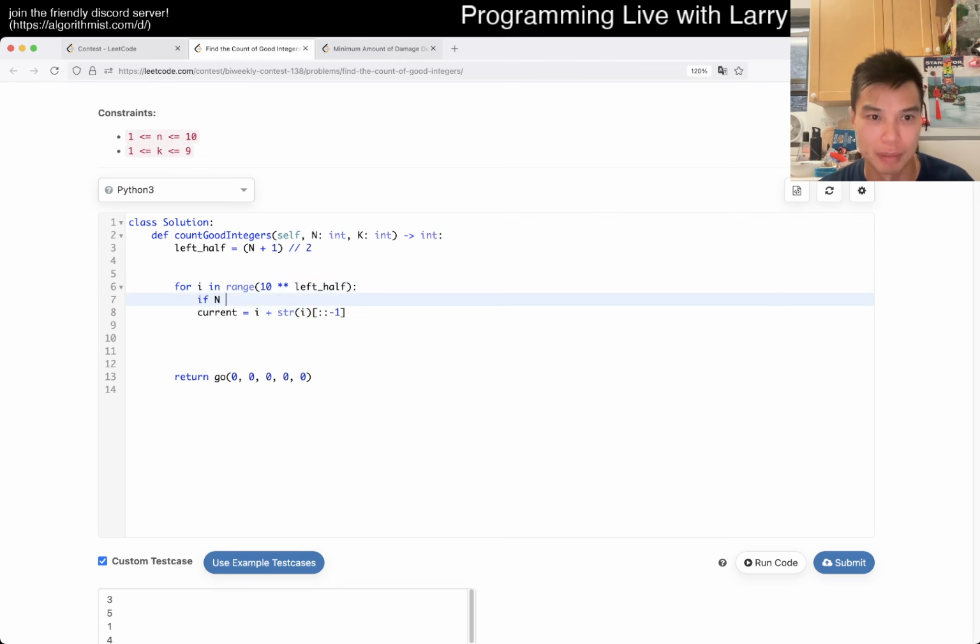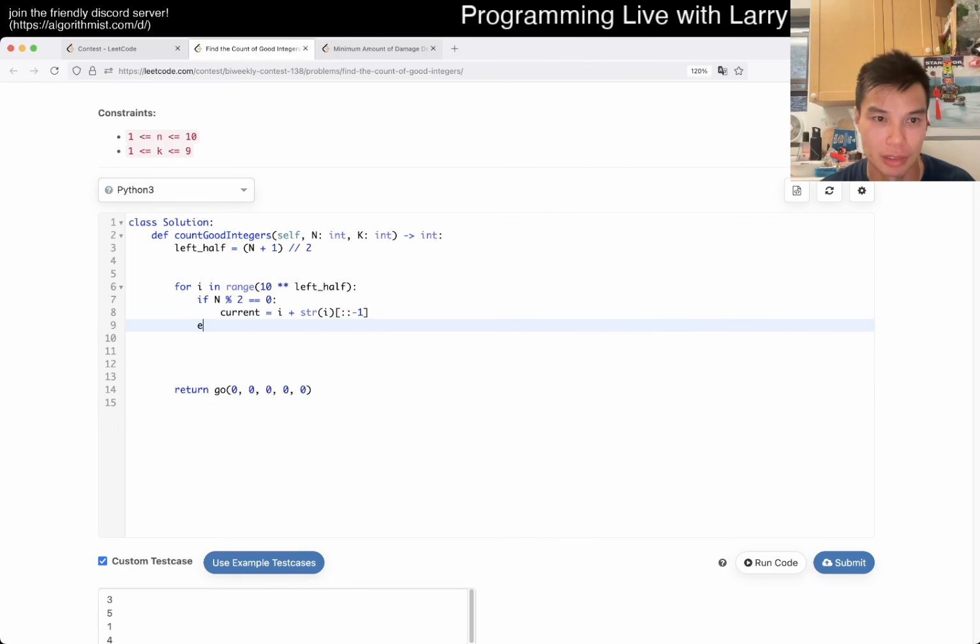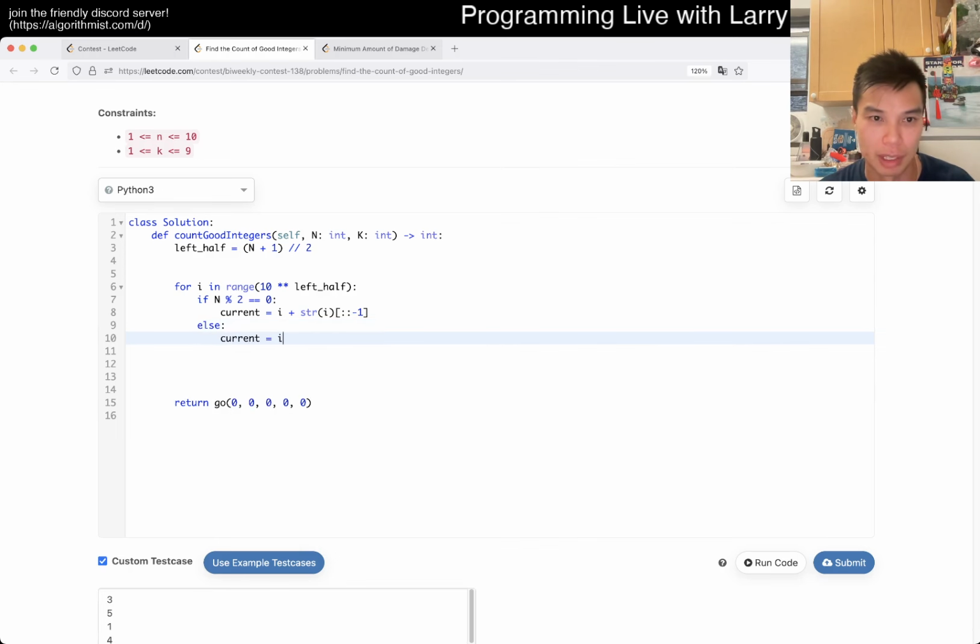If n mod 2 is equal to 0, then this is true, else current is equal to I plus, we skip the first one, or maybe just divided by 10, I guess. Right.